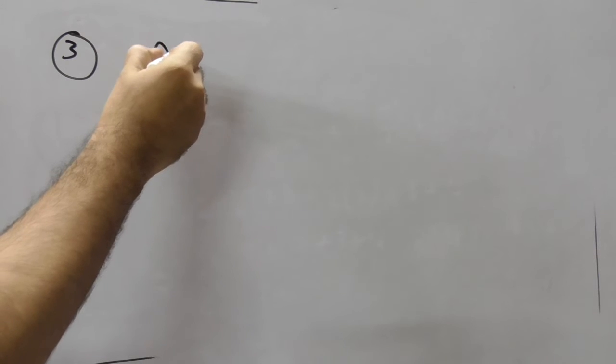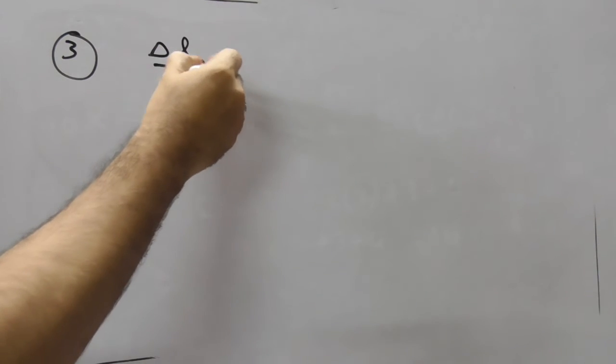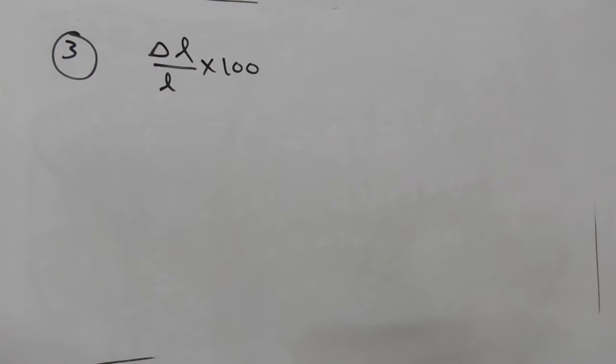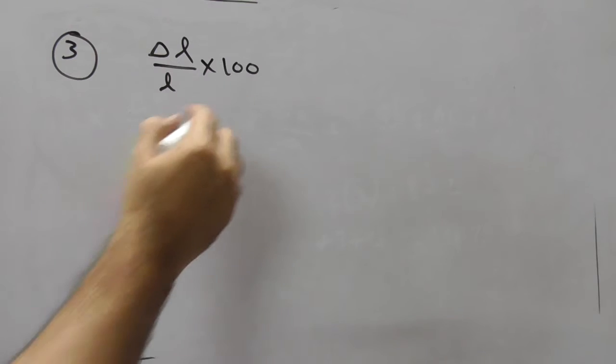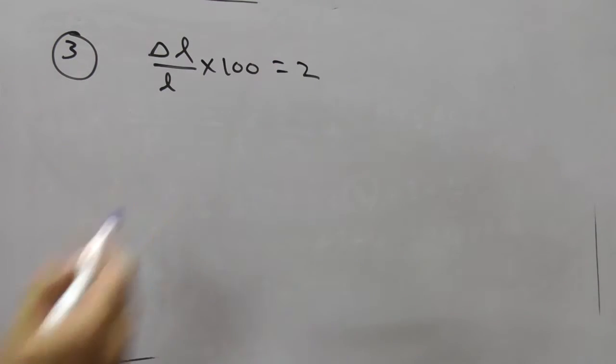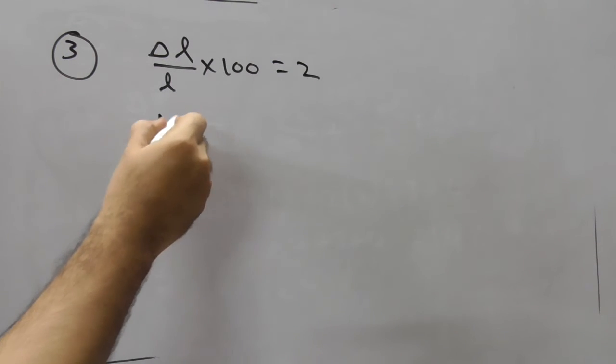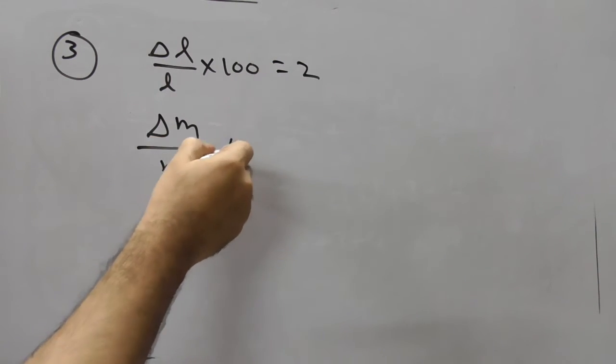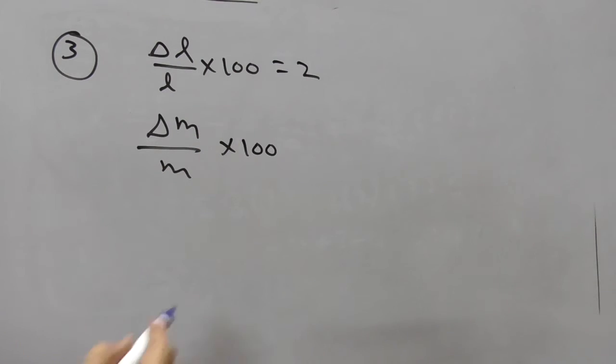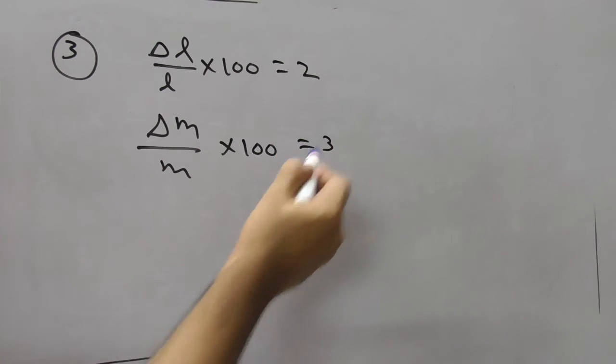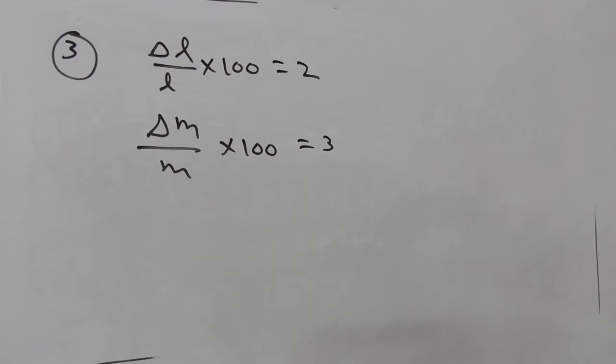I am writing the given values: the percentage error in length, delta L by L into 100, is given as 2, and the percentage error in mass, delta M by M into 100, is given as 3. Now we have to calculate the percentage error in density.